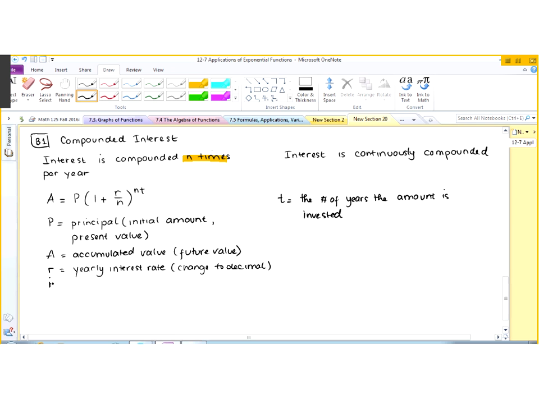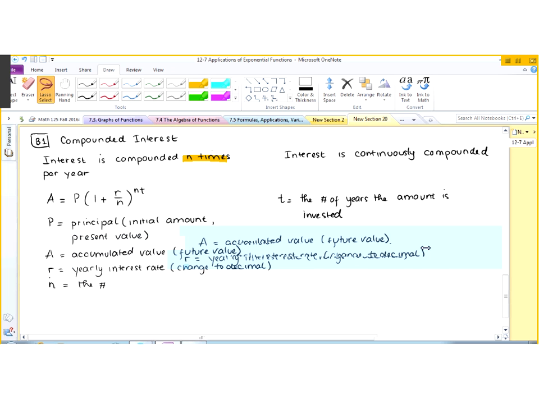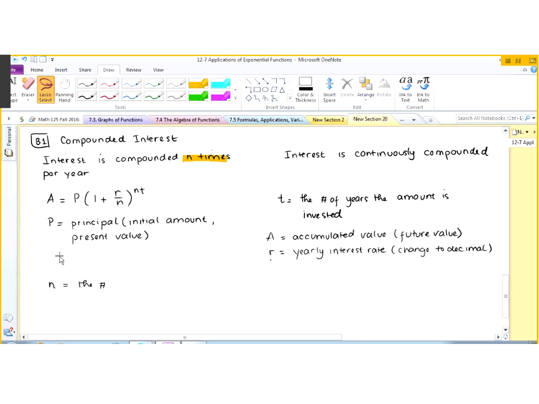Now I'm missing N. What is N? N is the number of times... I should move some here because they're the same. I'm going to move it here because this one works for both formulas.